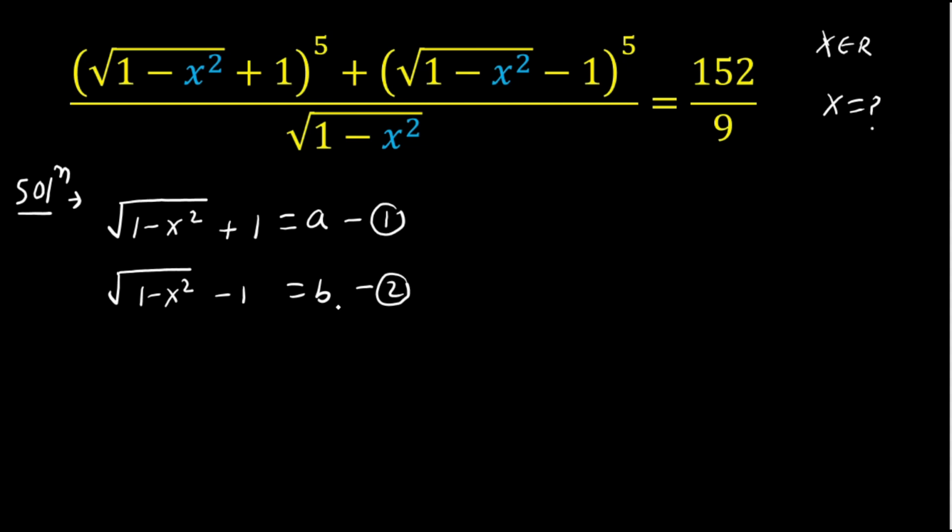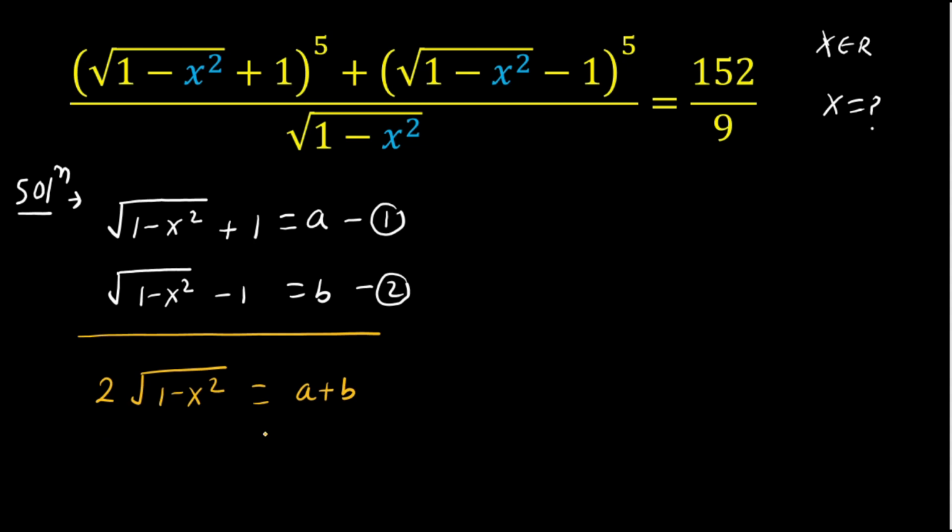If we add them, the plus 1 and minus 1 cancel out, and we get 2√(1−x²) equal to a plus b.